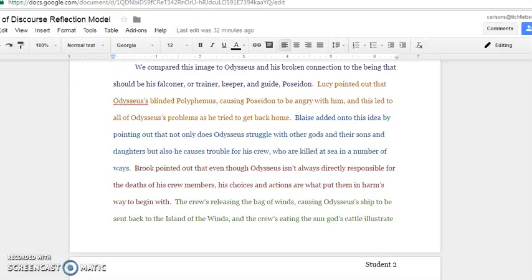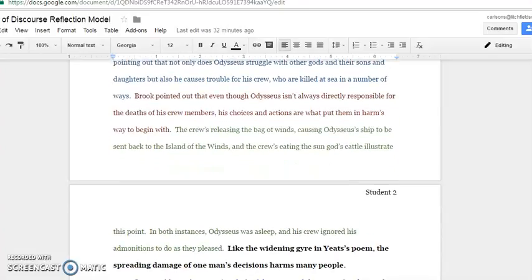And you can see in this paragraph that I've used different colors to identify the evidence from different classmates during that conversation. So I begin this paragraph with the statement, we compared this image of the falcon to Odysseus and his broken connection to the being that should be his falconer or trainer, keeper, and guide, Poseidon. And what the students had to say about that is what supports this paragraph.